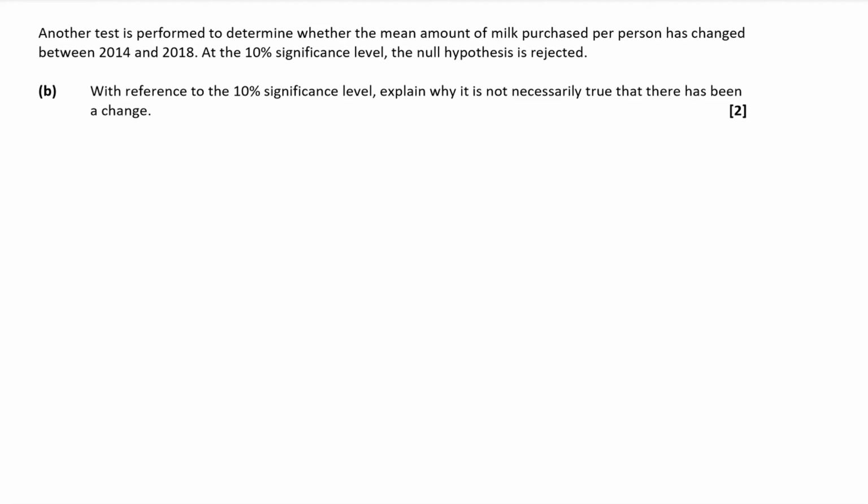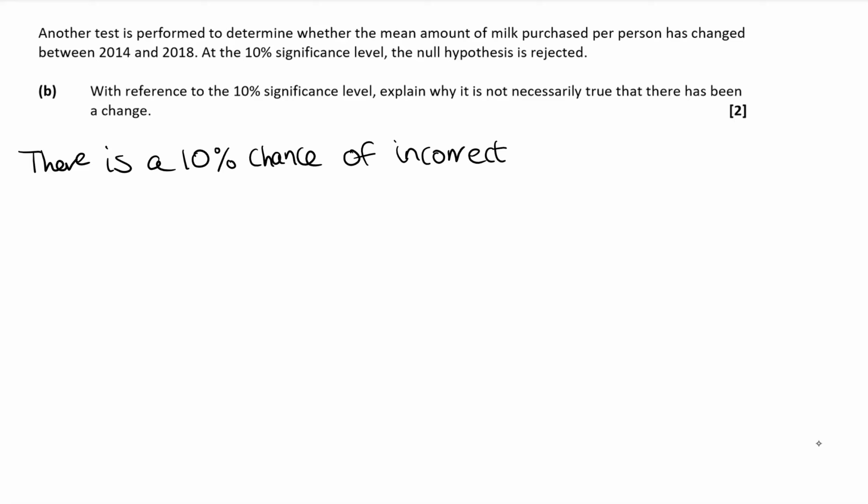So what I would need to state is just really understanding what the significance level is. The significance level is the probability that I'm wrong to reject the null hypothesis. So all I would need to write for this question is state there is a 10% chance of incorrectly rejecting the null hypothesis.